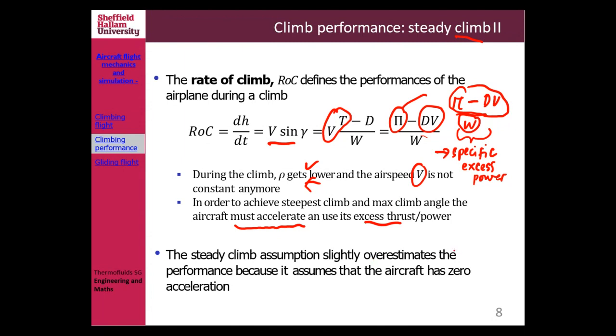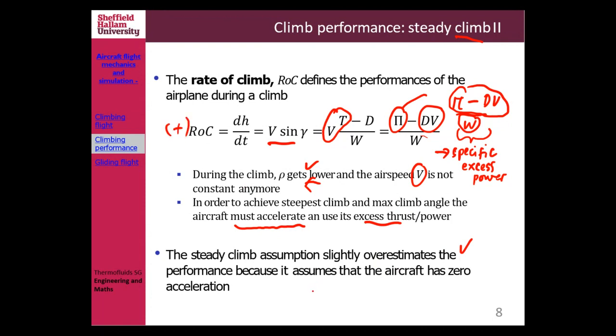That's why sometimes people say that the steady climb is very difficult to achieve, because you have to adjust your thrust accordingly, to make the V always increase in order to have excess power, in order to have a positive rate of climb.